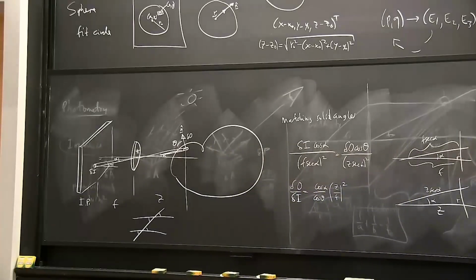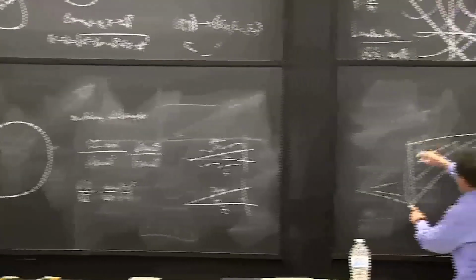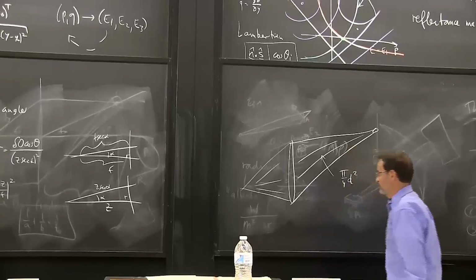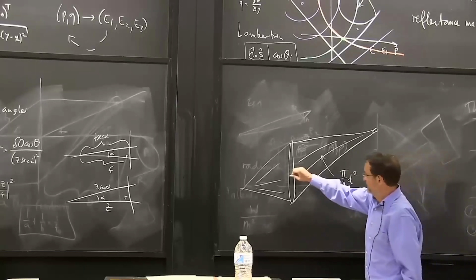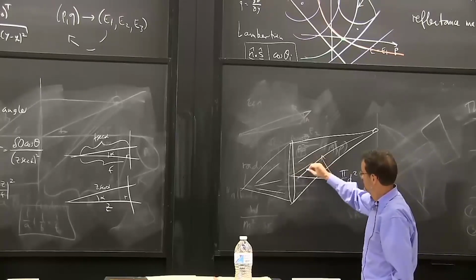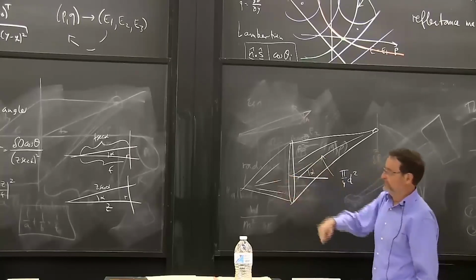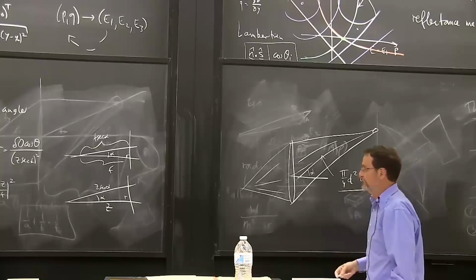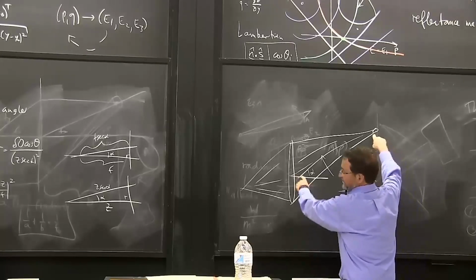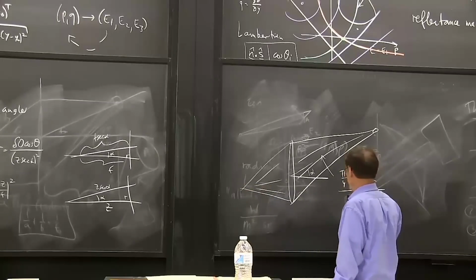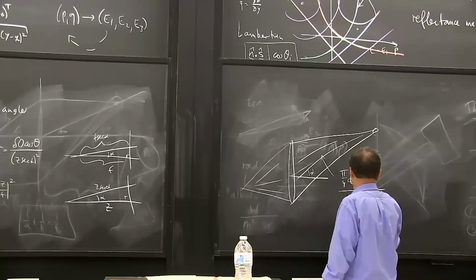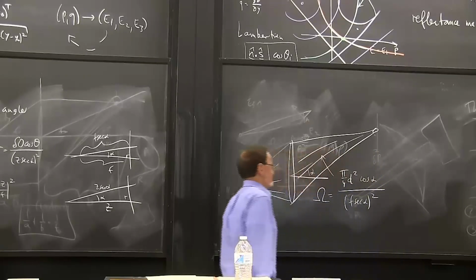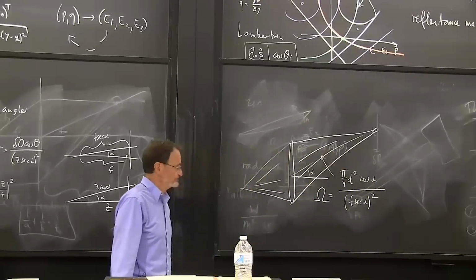Okay, so what is this? Well, it's the area of the lens. Let's suppose the lens has a diameter d, so it's pi d squared over 4. And then there's a foreshortening effect. There's an angle, which we drew as alpha. And then we have to divide by the distance squared. And that, again, is f secant alpha squared. So that's the solid angle.